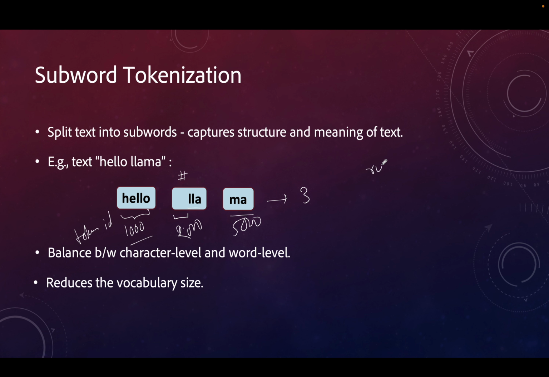So if we have run, runs, running, and many of those other words, so running may be broken into run and n maybe, and then ing or something like that. So many of the verbs which end with ing, they can be broken into that verb and this ing. So this ing will appear only once in the vocabulary.